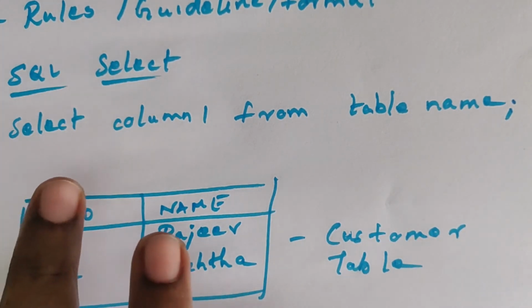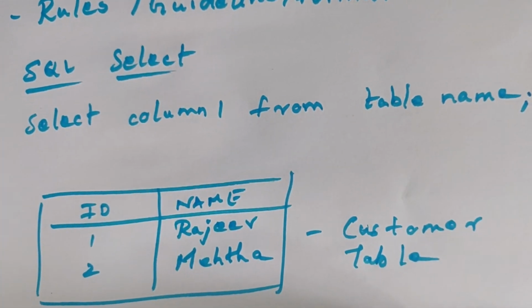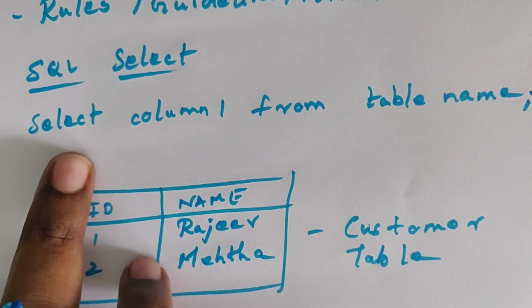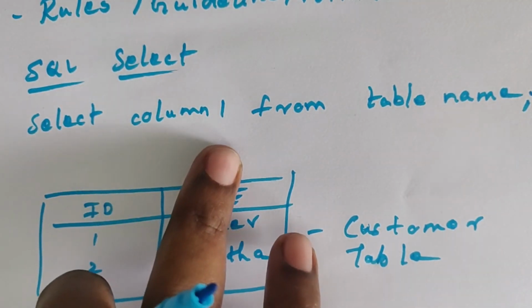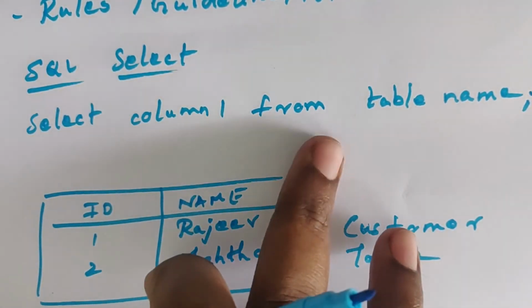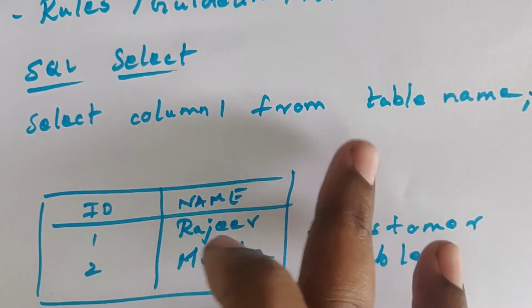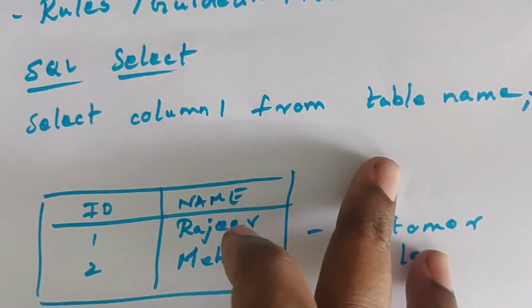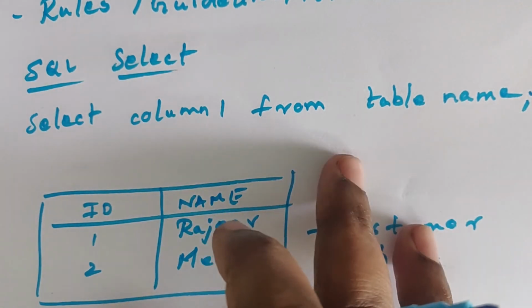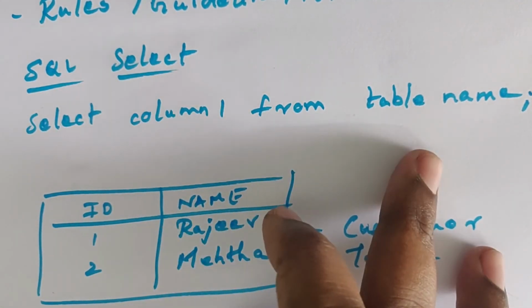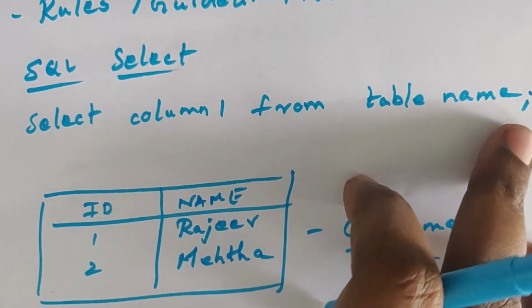So SQL syntax starts with a keyword, then what you are looking for, any extra condition you can apply, and from where we are going to fetch the data, finally ending with a semicolon.